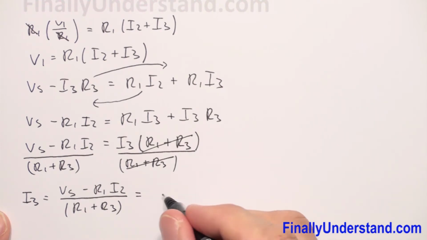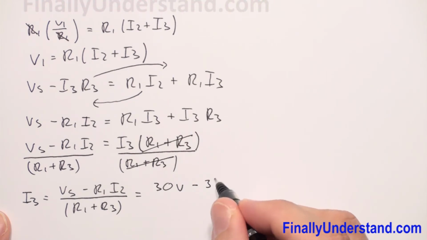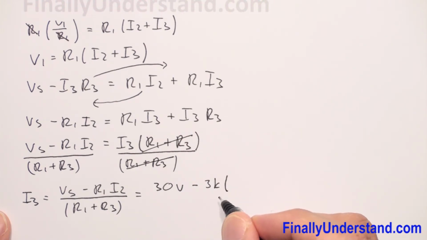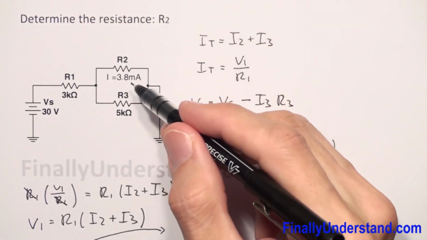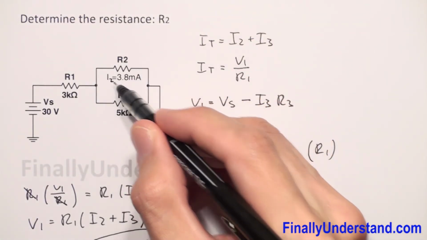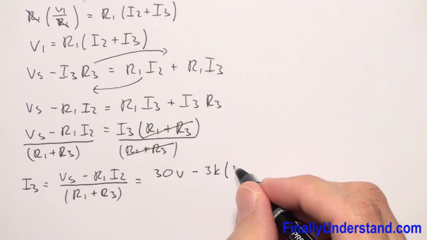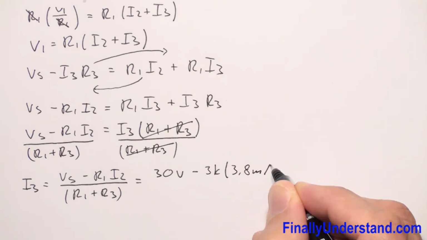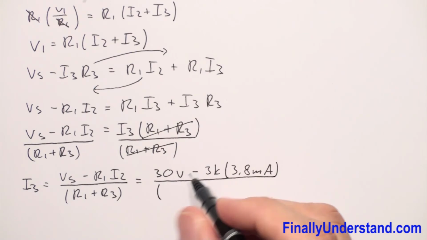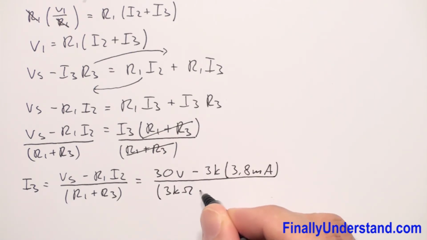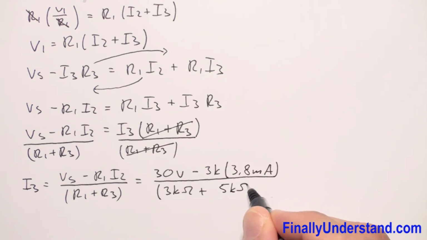So voltage source is equal to 30 volts minus R1, which is equal to 3K, times I2, which is my current I2, 3.8 milliamps, over R1, which is equal to 3 kilo ohms, plus R3, which is equal to 5 kilo ohms.